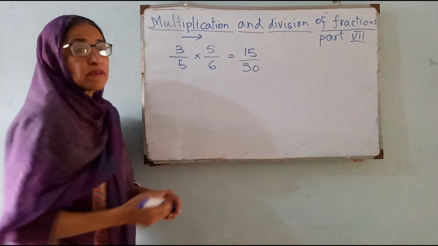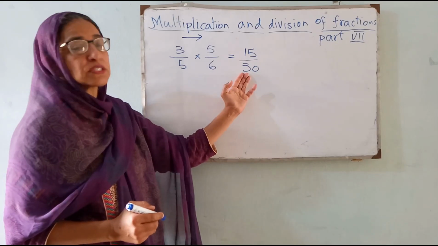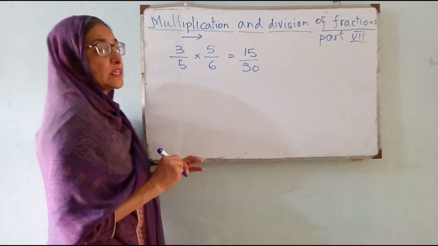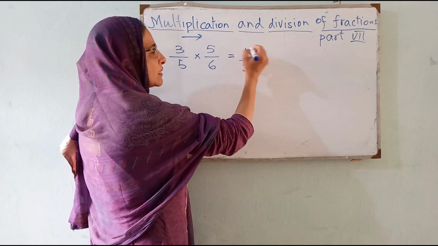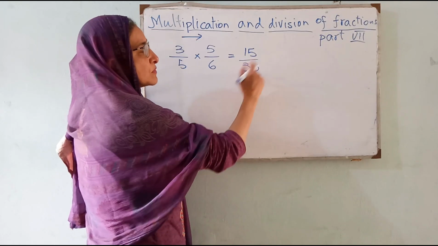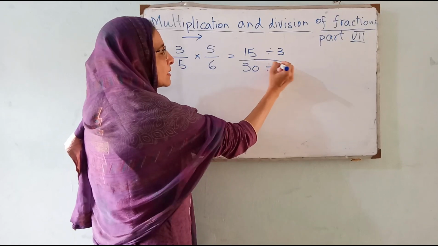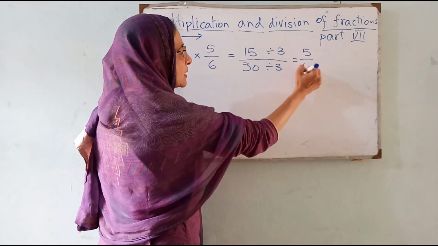Now see, I have got big numbers, so it is difficult to change a big number into its lowest term. If you are very good in maths, then you know that you can divide by 3, since 15 comes in the table of 3 and 30 comes in the table of 3. Divide both numbers by 3 and you get 5 by 10.